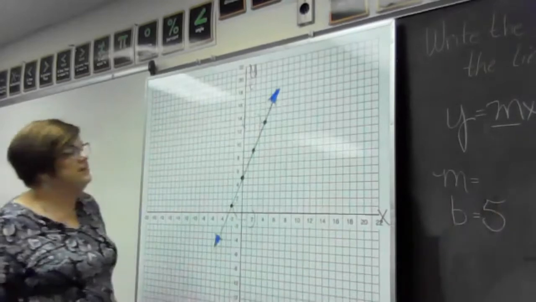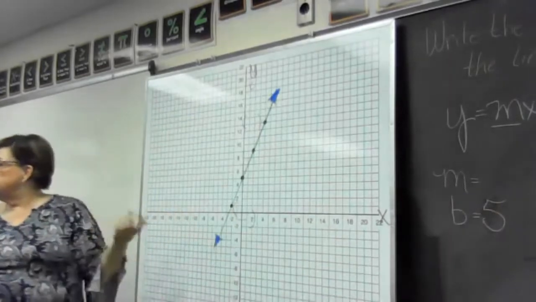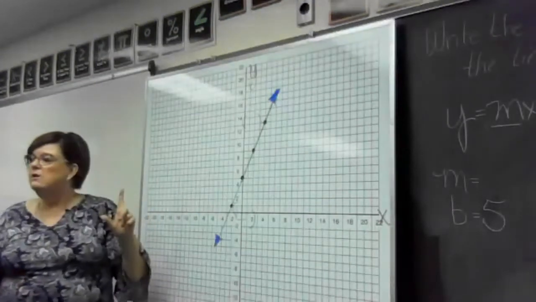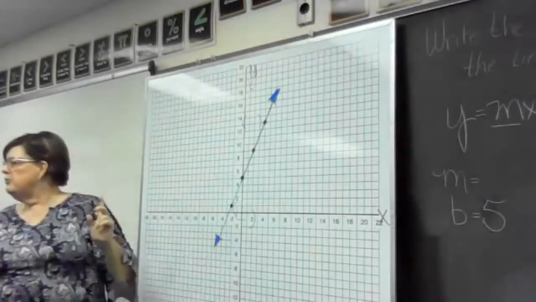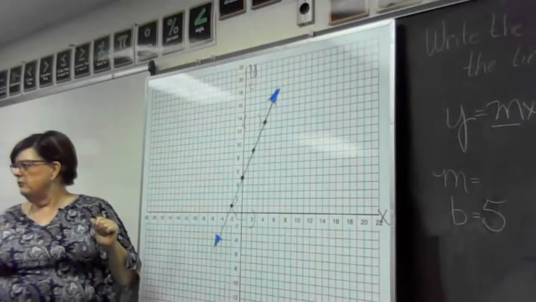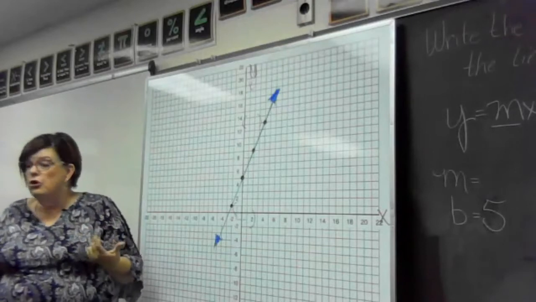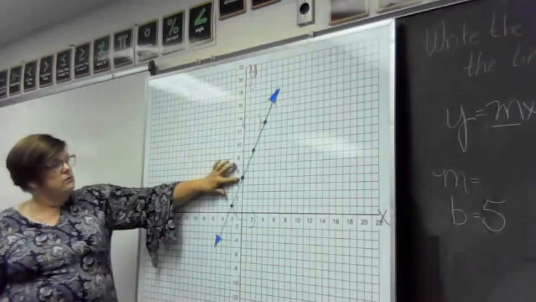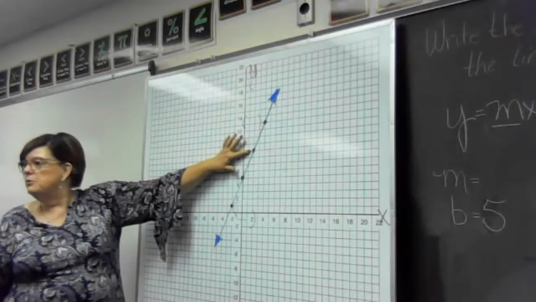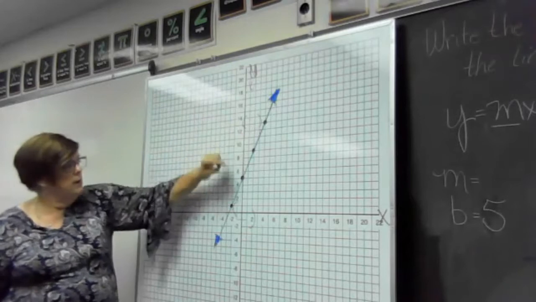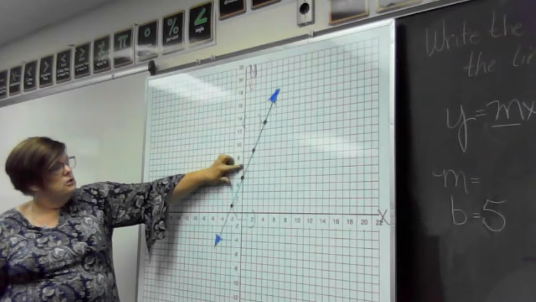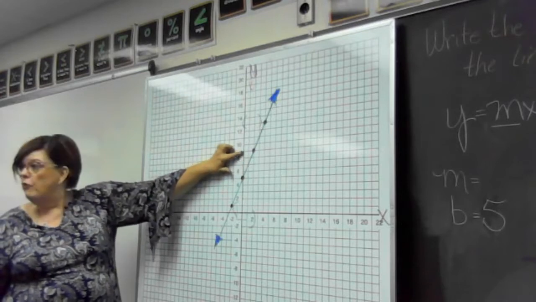Okay, and then you choose a couple of points and you go from the y-intercept to another one of those points by counting the rise over the run. That way we'll know the slope. So if I go from this house to this one, I'm going to rise how many? 1, 2, 3, 4.